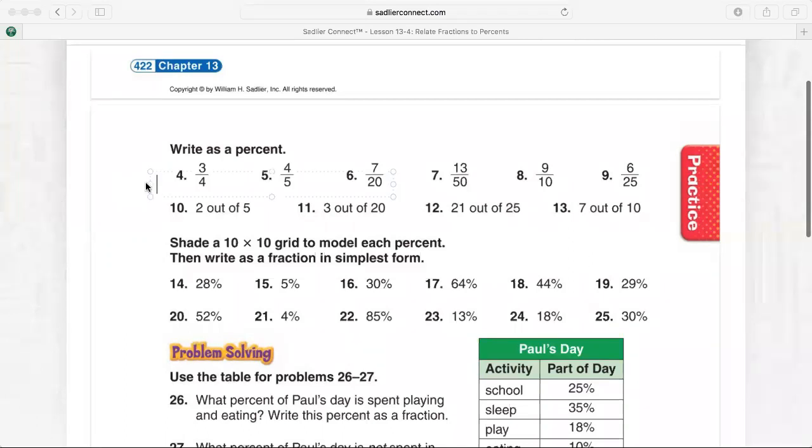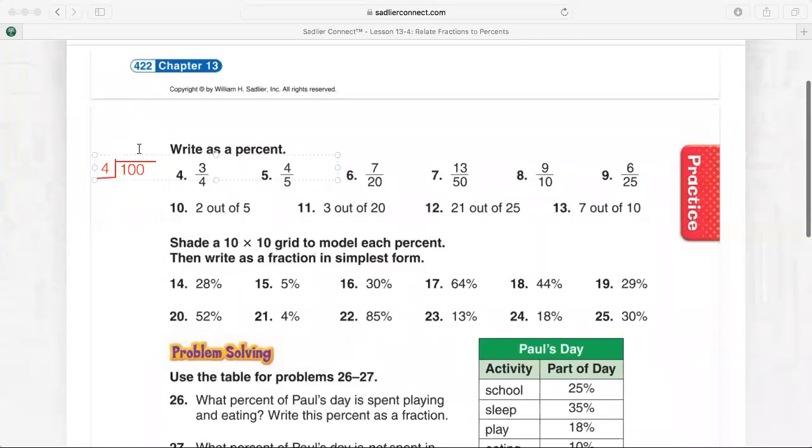So here I'm going to divide 100 by 4. Okay, girls.